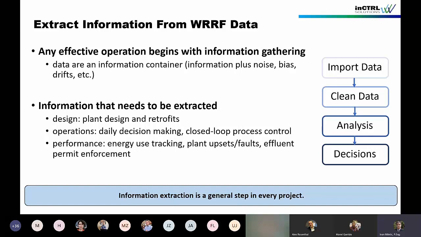But you need to do data cleaning and conditioning, outlier removal, these sorts of things, so that you can support decision analysis, the decision support. Okay. This information extraction, especially the data cleaning and adjustment, is part of every project that at least I can think of that involves data.